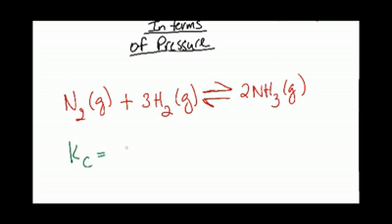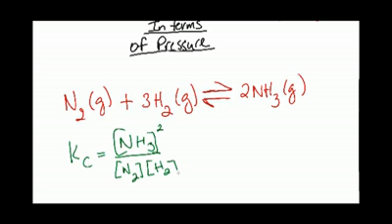Alright? So if we were to look at this equation here, we could have the Kc, just products over reactants, the equilibrium constant in terms of concentration. But the Kp, in terms of pressure, looks at the partial pressure of each gas, also having that same relationship between the coefficients and the exponents.